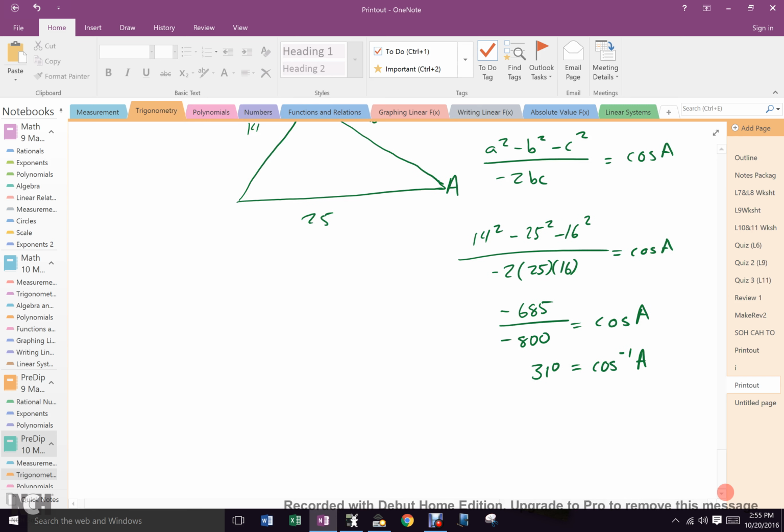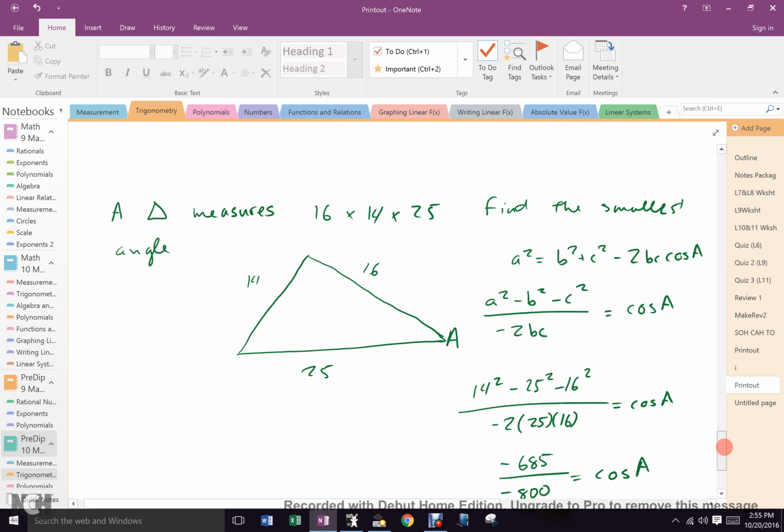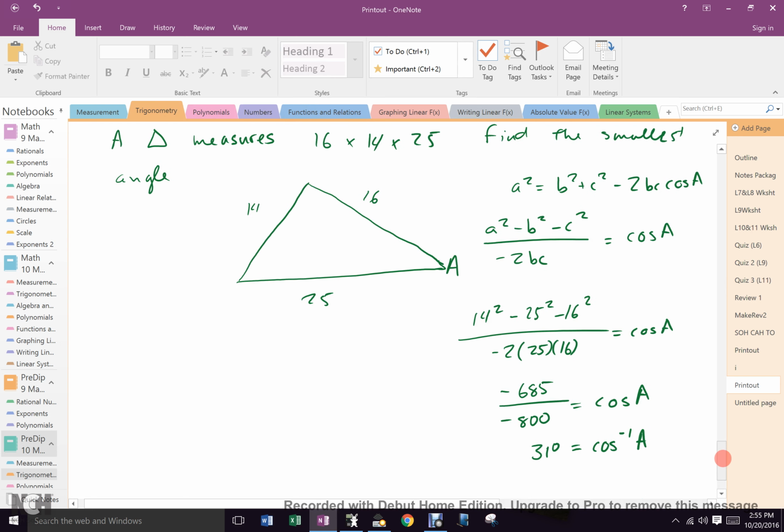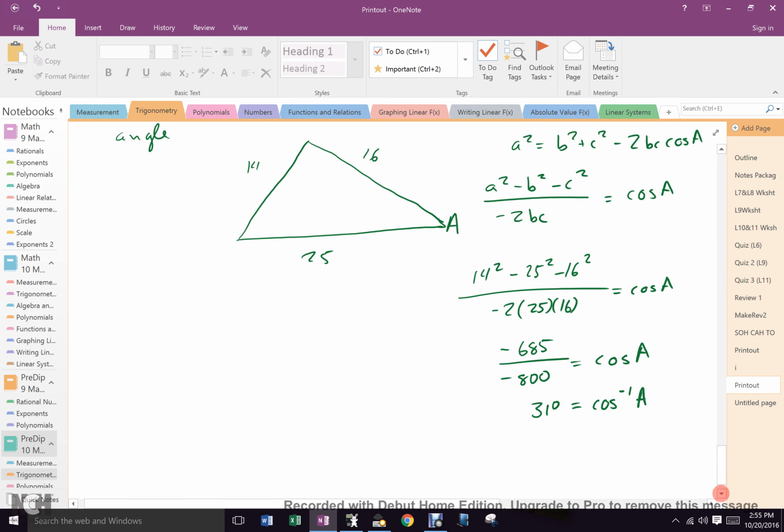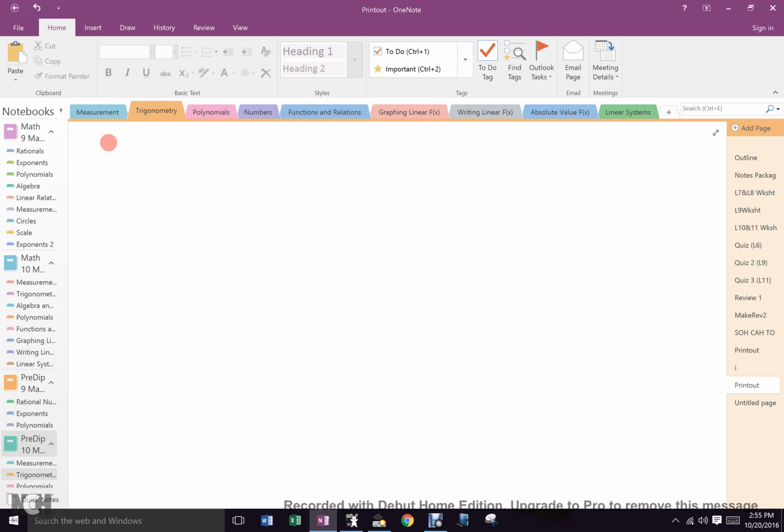And finally, sorry, I'll put that up for a sec. And finally, triangle ABC, a equals 17, big A equals 77 degrees, big B equals 28 degrees, and little c equals 16 meters.